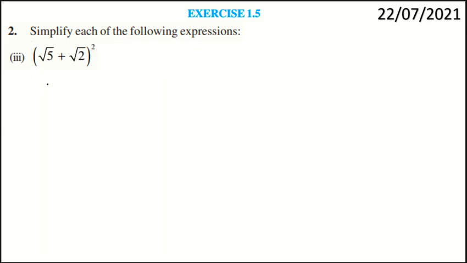In the third question, we have got root 5 plus root 2 whole square.